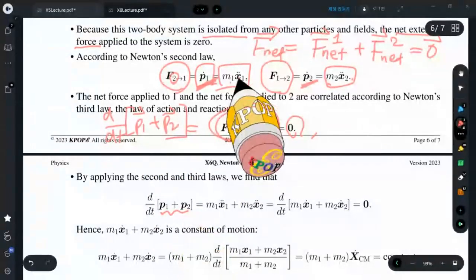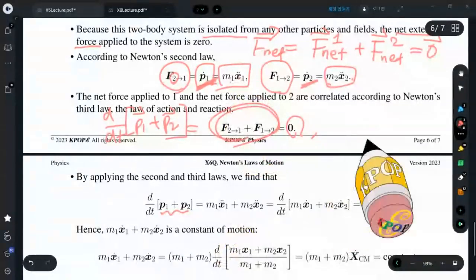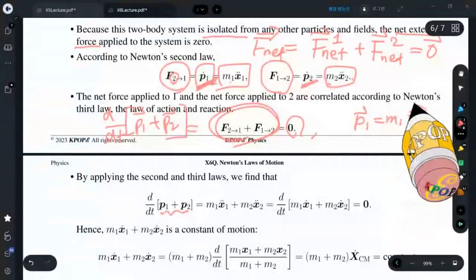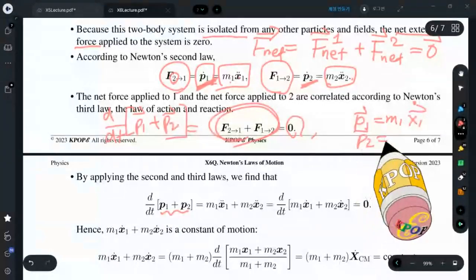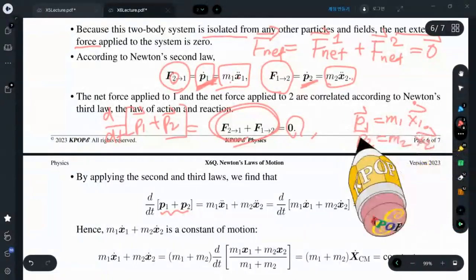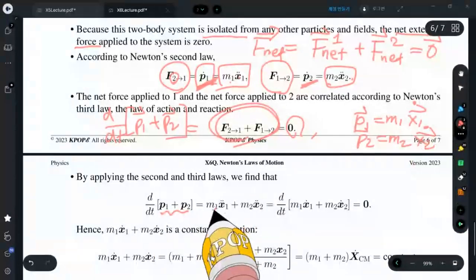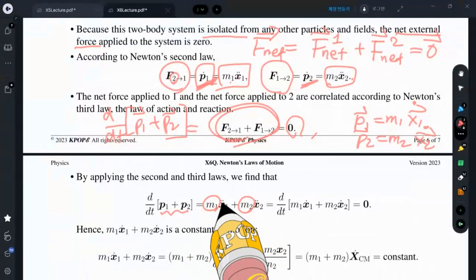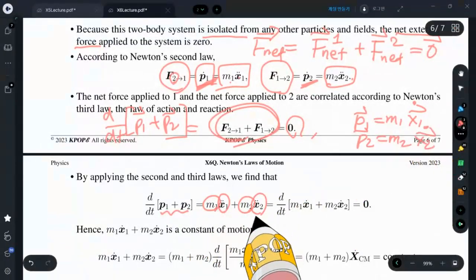And why don't we substitute this one: P1 = M1 X1 dot, P2 = M2 X2 dot. Take the derivative, then masses are constant in non-relativistic Newtonian theory, so the derivative appears twice as an acceleration only.